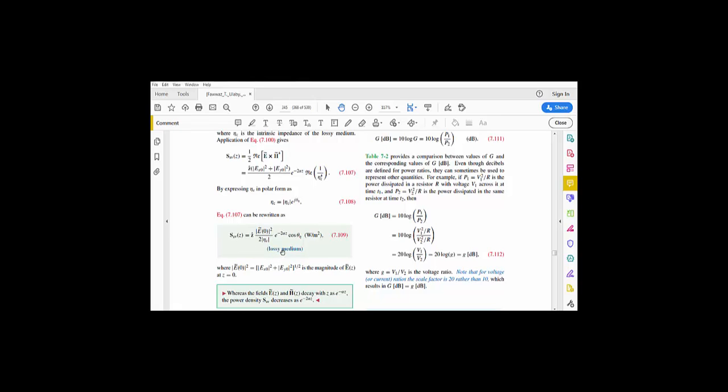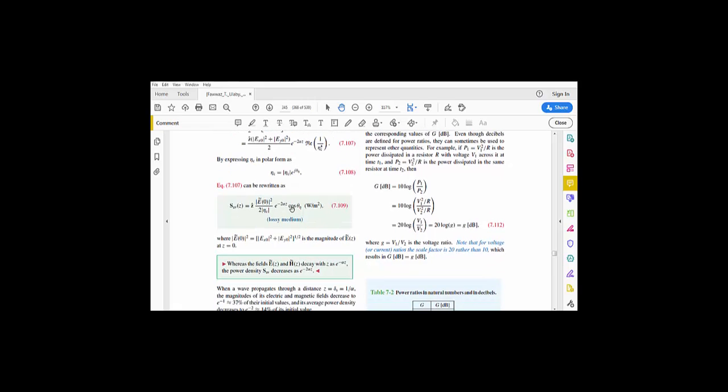We need to note here, in case of the electric field and magnetic field, the attenuation function is exponential minus alpha z. Here we are talking about power, so it's exponential minus 2 alpha z, and we explained previously that the power is proportional to the field square, E square or H square. So the attenuation here will be faster, stronger, so the exponential is multiplied by 2, and according to that the penetration depth will be shorter.